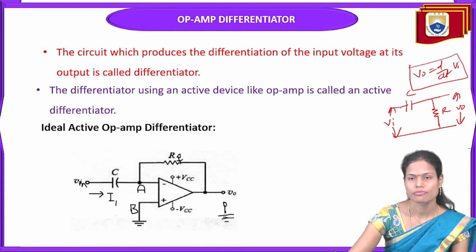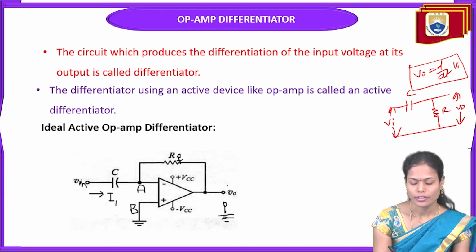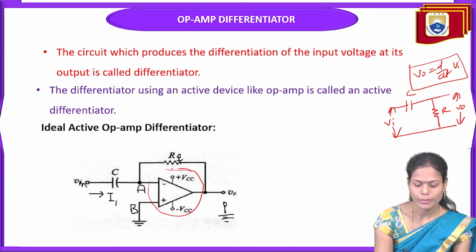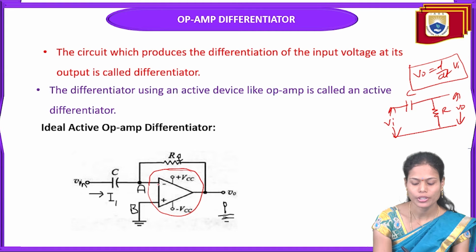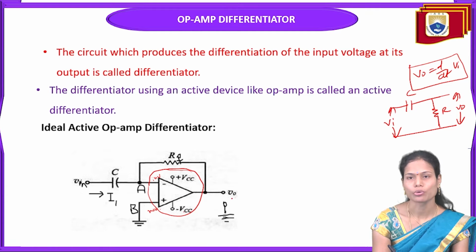The circuit is shown here. This is the op-amp symbol with the two input terminals, inverting and non-inverting, with the two supplies plus VCC and minus VCC, and the output voltage.